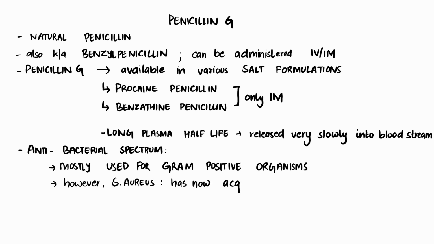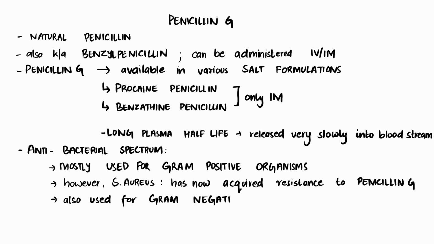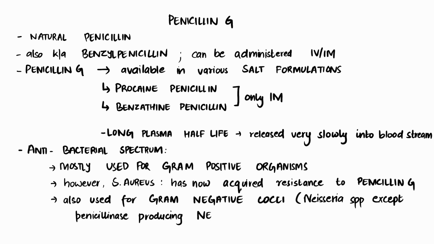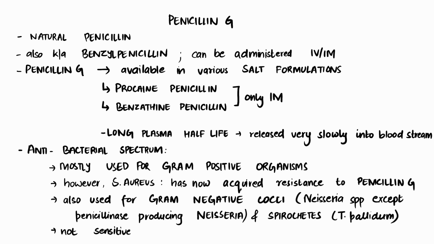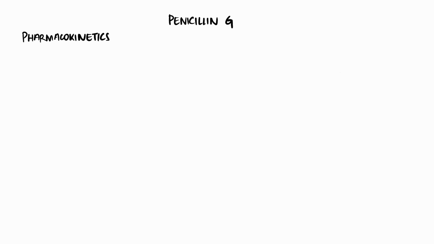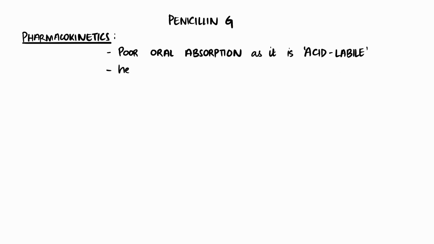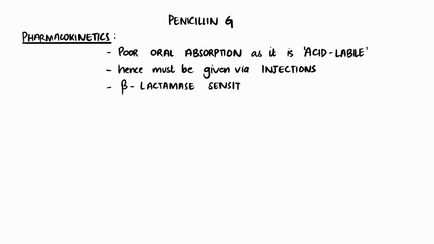However, Staphylococcus aureus, which was originally sensitive, has now acquired resistance to penicillin G. It is also used for gram-negative cocci, for example Neisseria species, except the penicillinase producing Neisseria, and spirochetes, for example Treponema pallidum, and they are not sensitive to gram-negative bacilli. Now coming to pharmacokinetics, they have poor oral absorption as it is acid labile, hence it must be given by injections, and they are beta-lactamase sensitive.